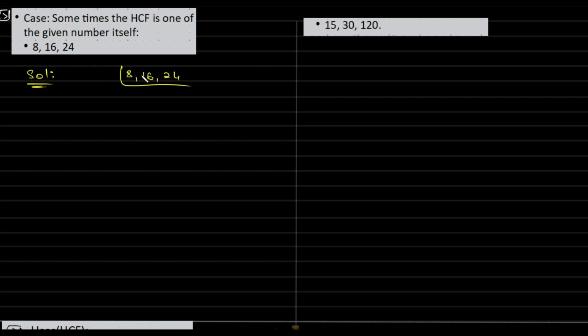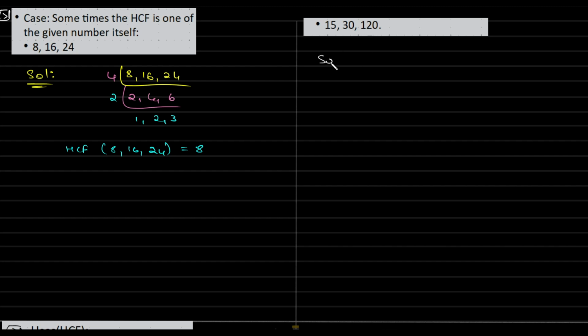Here it's quite simple: 8 is the number, but if you want to start off with 4, we can, and yes, we have 2. And the HCF of 8, 16, 24 is, yes, 8. 4 into 2 is 8.